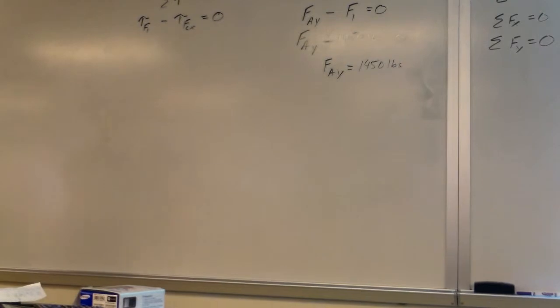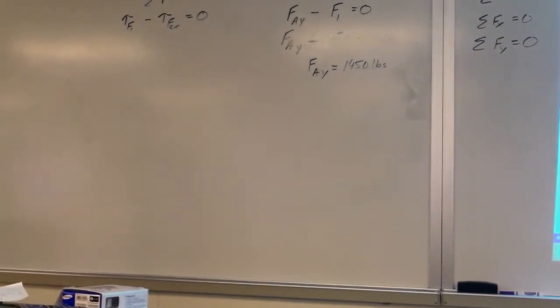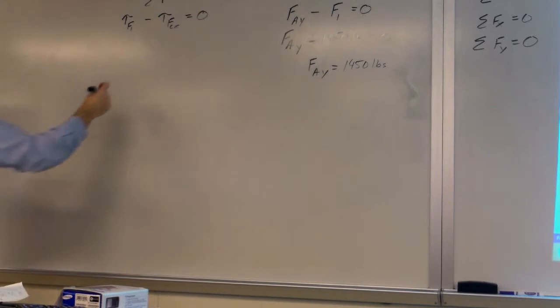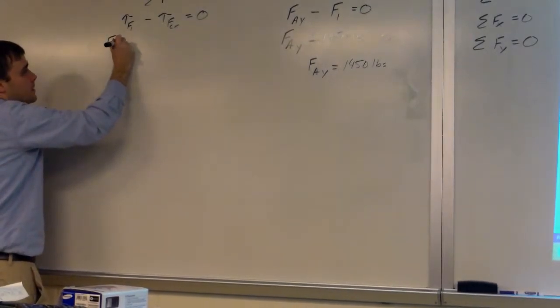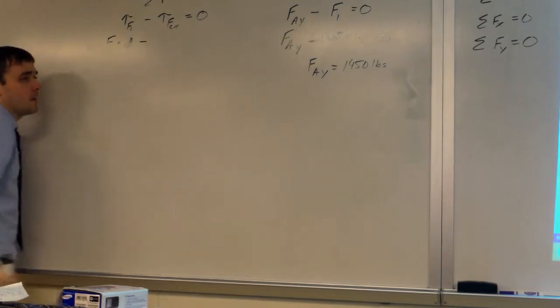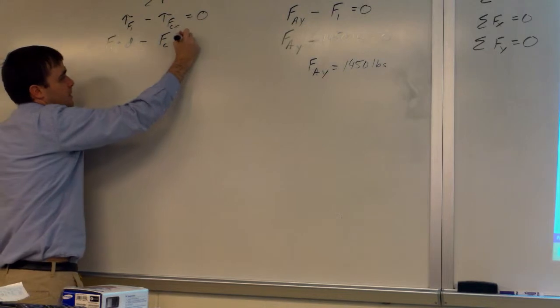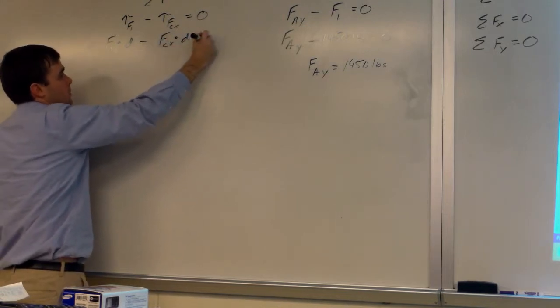How do we find the torque from F1? We multiply the perpendicular distance by the force. Exactly. So we're going to say F1 times the perpendicular distance, and then FCX times its distance equals 0.